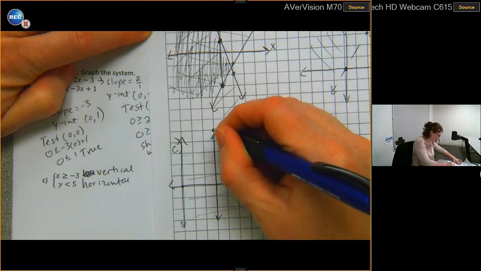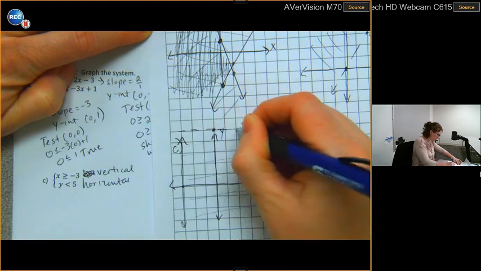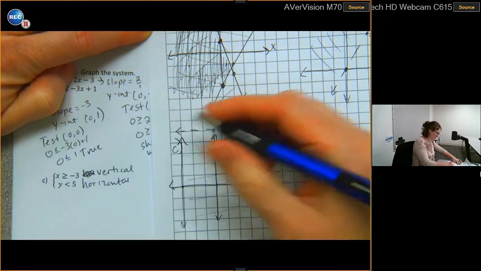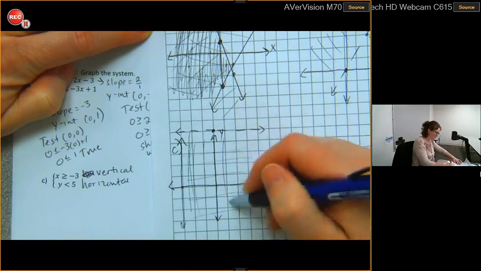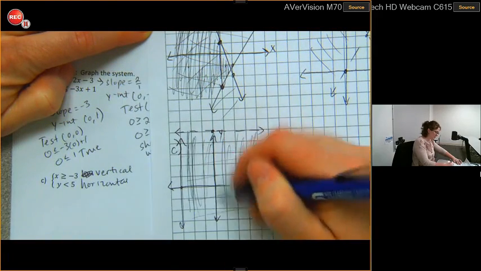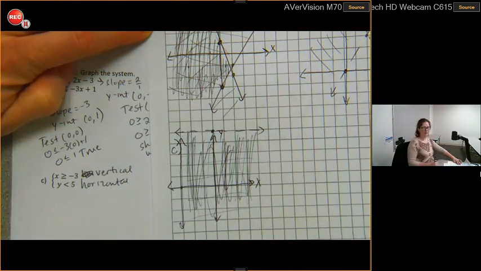So here's 5. This one's a dashed line. It's less than, so it's shaded below. So this part right here is our answer.